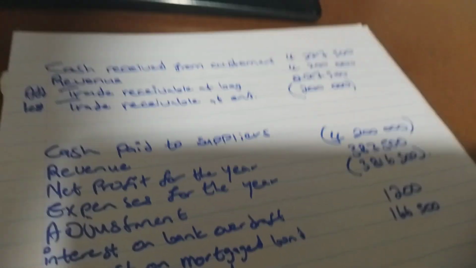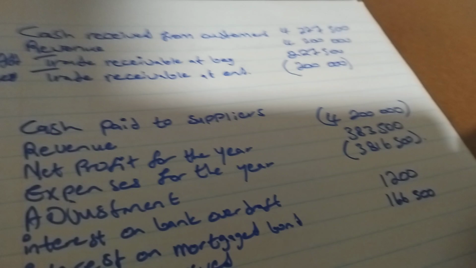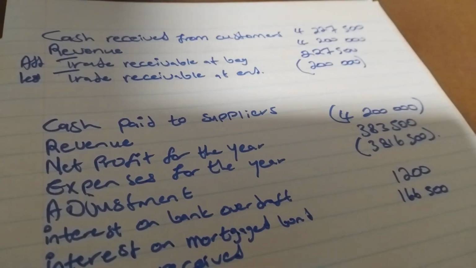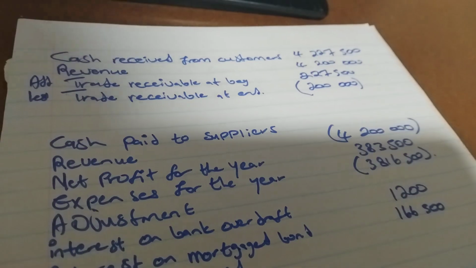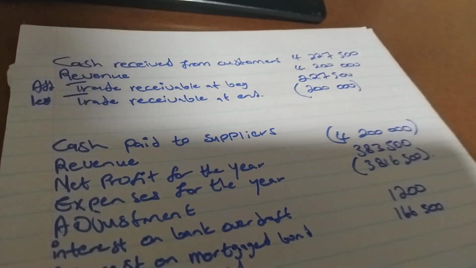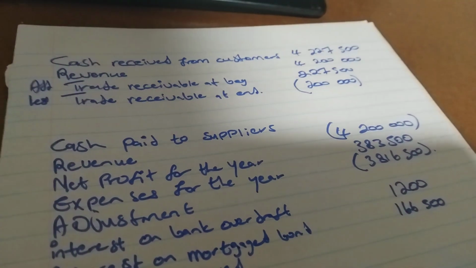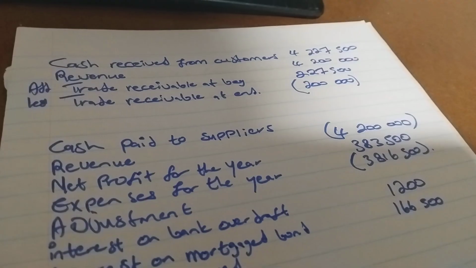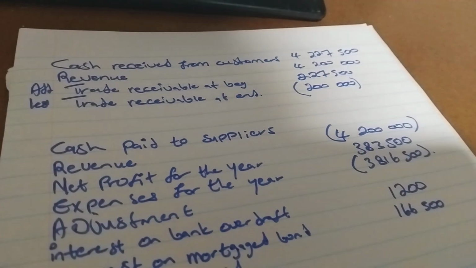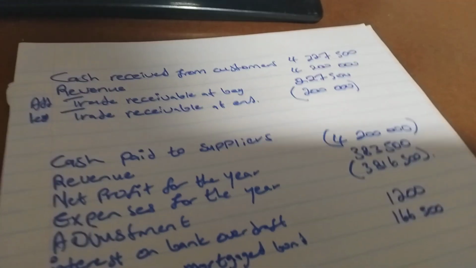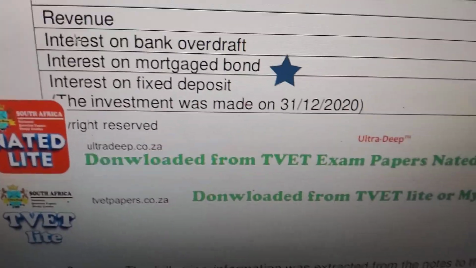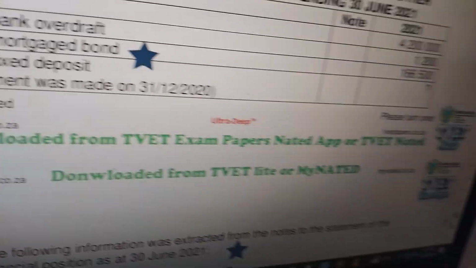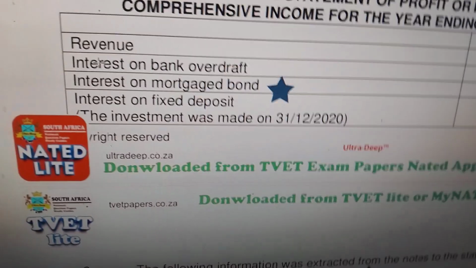So let's go to interest received. We only receive interest when we made the investment. So when we made the investment, we're going to have the interest. Here they are telling us the interest on fixed deposit, and there's a question mark, we'll need to calculate it.